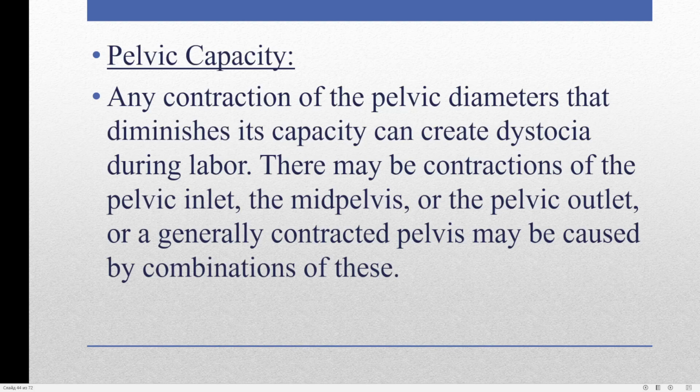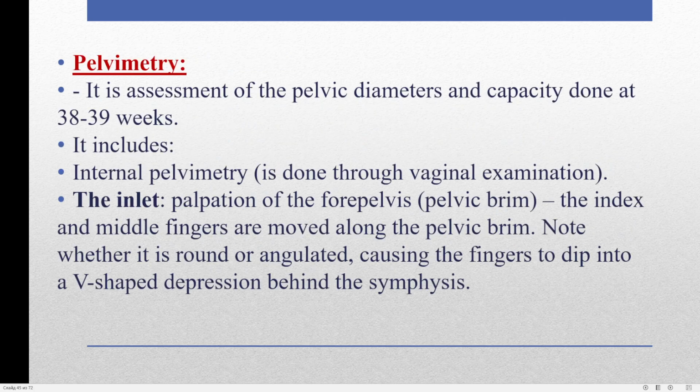Next, pelvic capacity. Any contraction of the pelvic diameters that diminishes its capacity can create dystocia during labor. There are many types of contraction of the pelvic inlet, the mid-pelvis, or the pelvic outlet, or a generally contracted pelvis may be caused by a combination of these. Pelvimetry is the assessment of the pelvic diameters and capacity, done at 39 weeks.